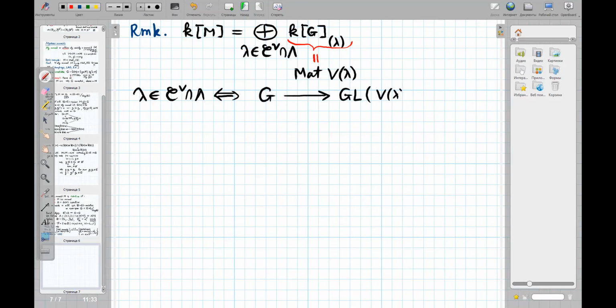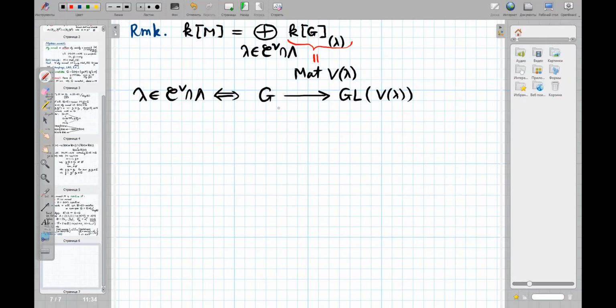We have such a homomorphism for any dominant weight lambda, not necessarily belonging to this C check, but lambda belongs to C check if and only if the matrix entries of this representation extend to regular functions on the whole M. So this means that we extend this map to the map from M to linear operators on V of lambda.